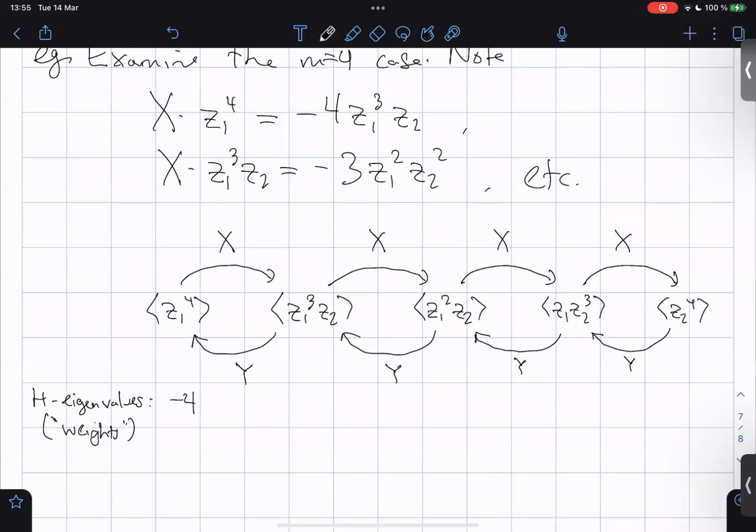It's -4 over here, -2, 0, 2, and 4. So X is raising the H eigenvalue, while Y, the lowering operator, is lowering the H eigenvalue.